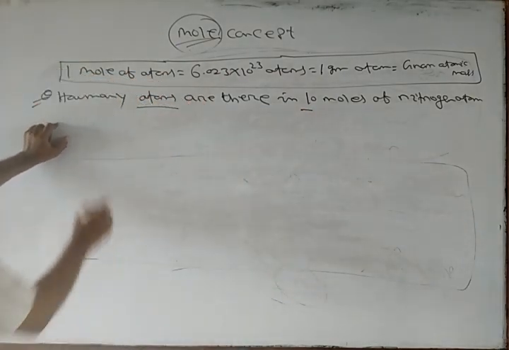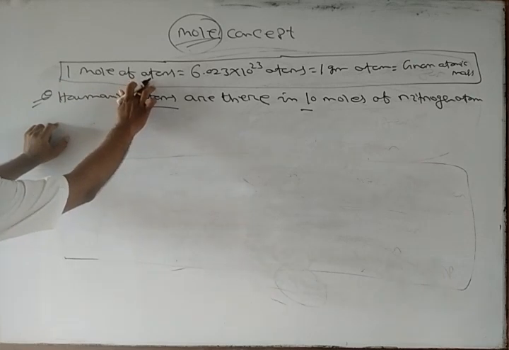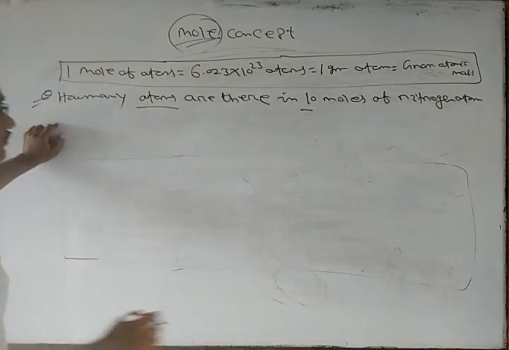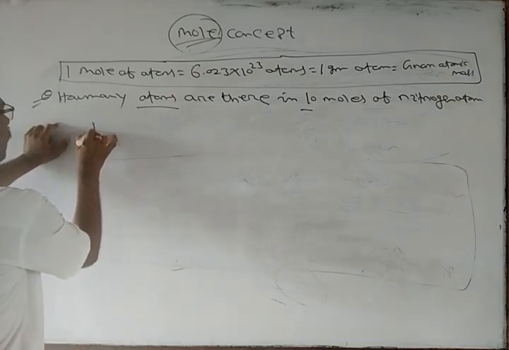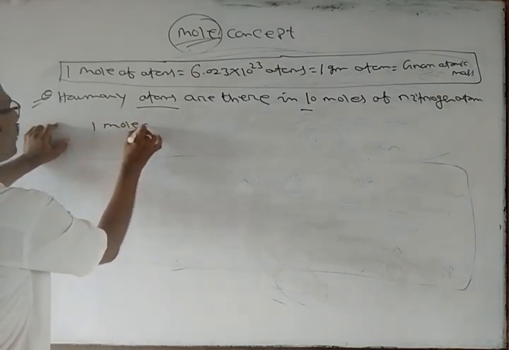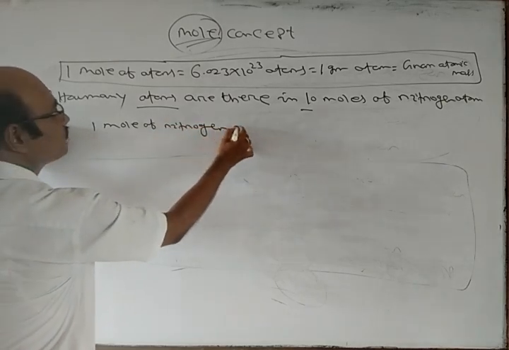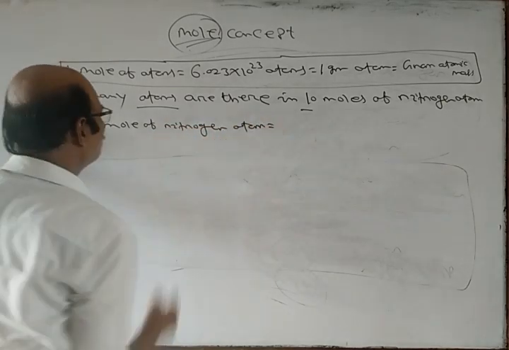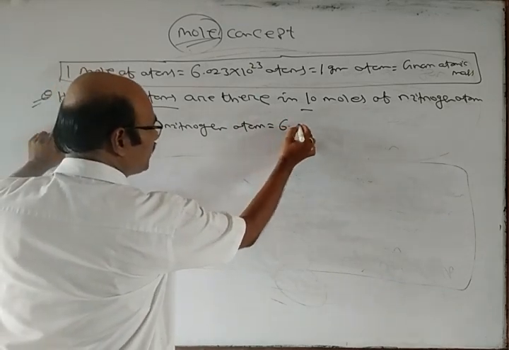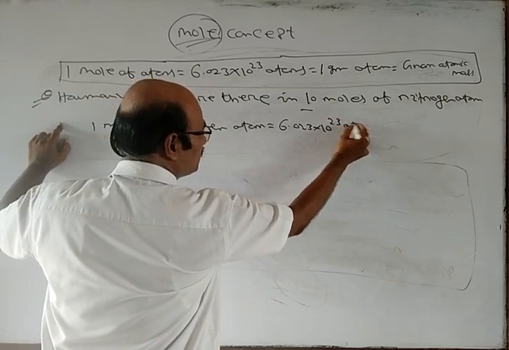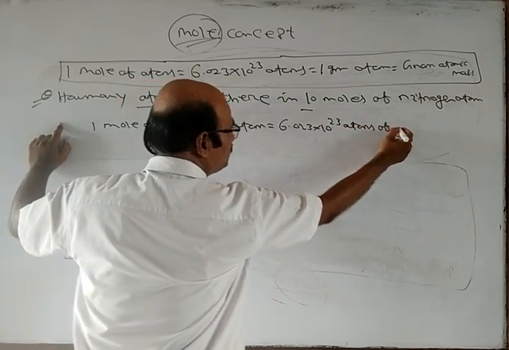We have seen here 1 mole of atoms equals 6.023 into 10^23 atoms. So I can write 1 mole of nitrogen atom is equal to 6.023 into 10^23 atoms of nitrogen.